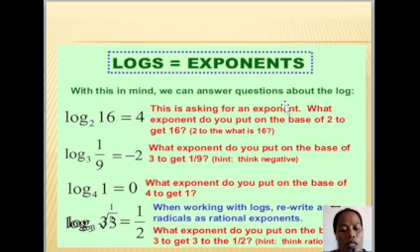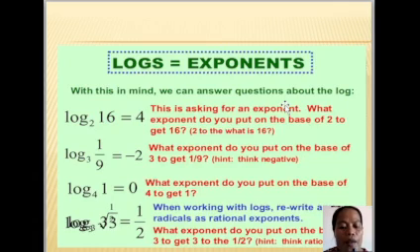We have the logarithm of the square root of 3 to the base 3 is equal to 1/2. When working with logarithms, you will write any radicals as rational exponents, since a radical can be converted to a rational exponent. What exponent do we put on the base of 3 to get the square root of 3? The hint here is the rational exponent.